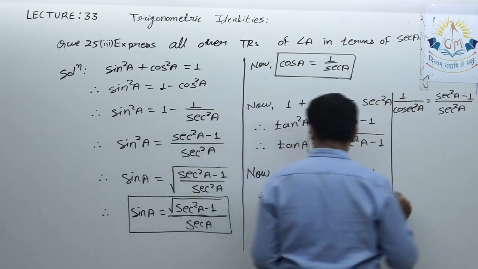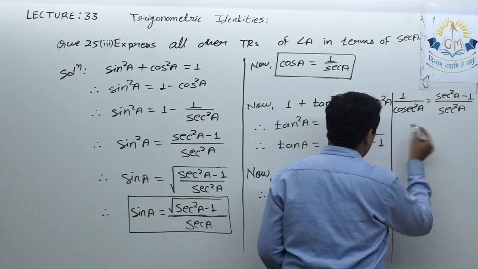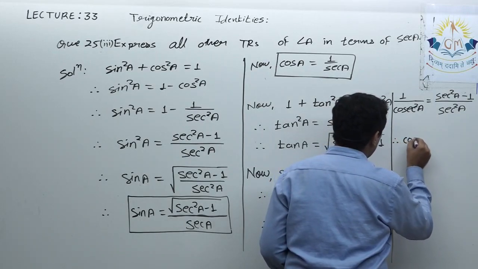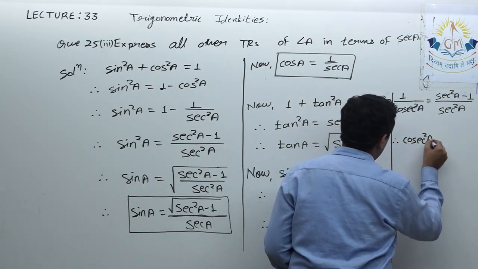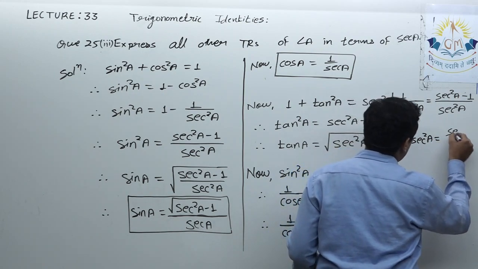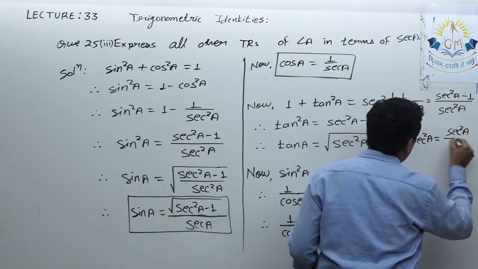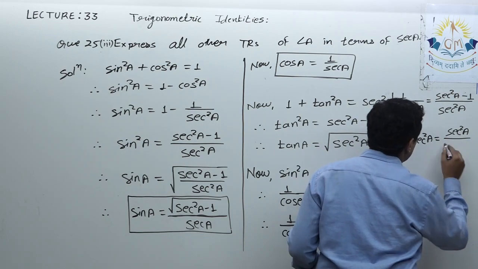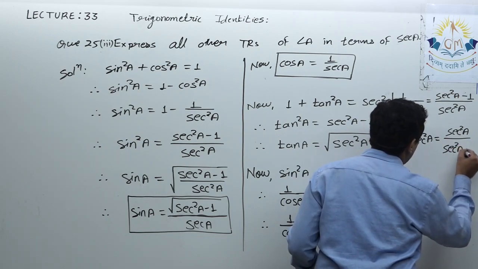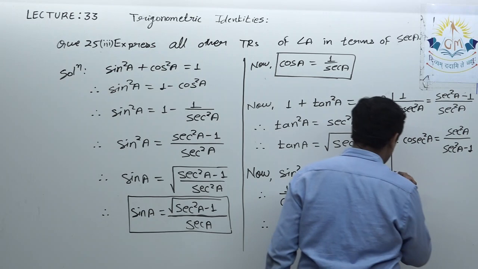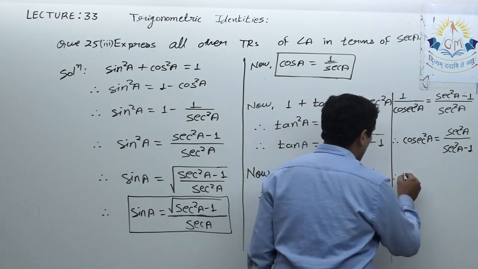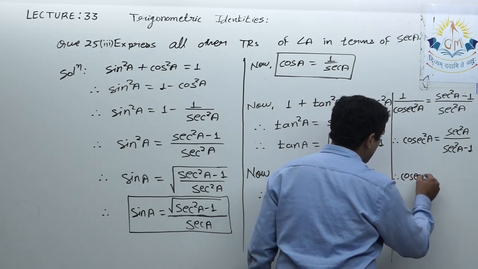Now I will reciprocate these two, so I will get cosec square A is equal to sec square A upon sec square A minus 1. Now for cosec A, I'll take the square root.